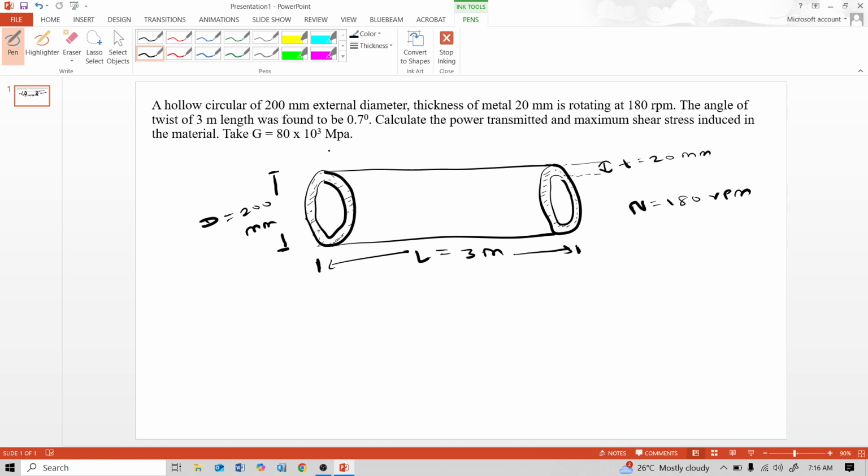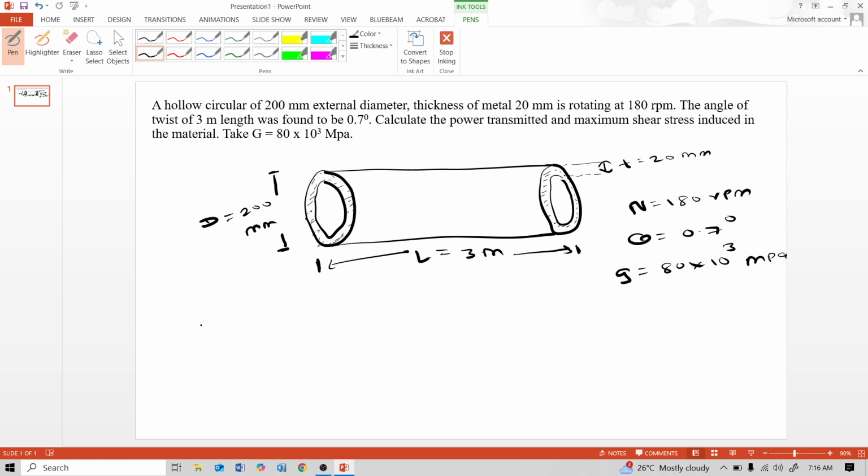So the angle of twist theta is 0.7 degree, and in the numerical they have given us G equal to 80 into 10 raised to 3 MPa.